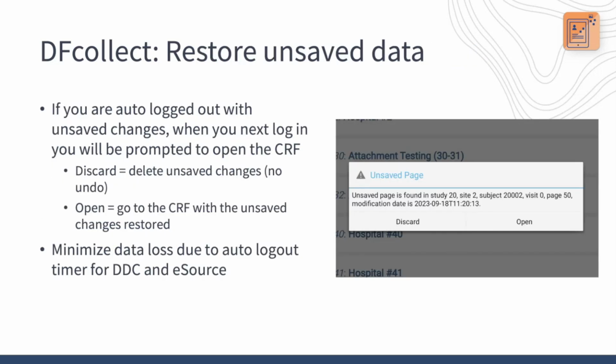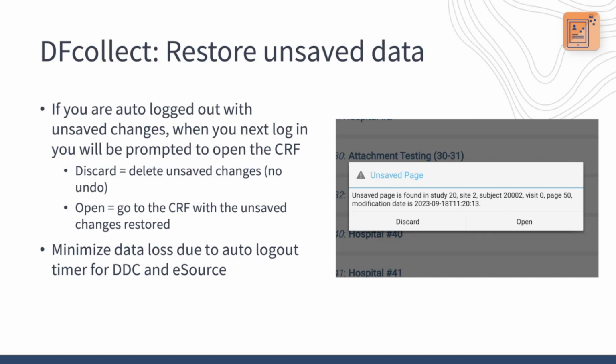We also have added a restore and save data. This is very useful to minimize data loss when you are auto logged out, especially when you are capturing your data using direct data capture and eSource.